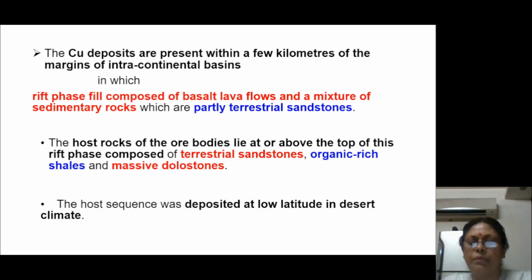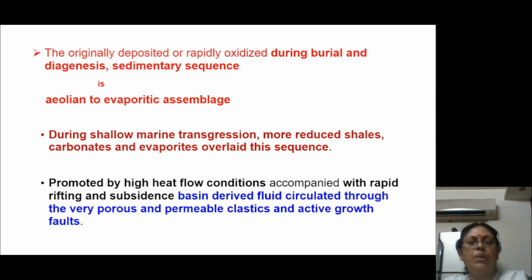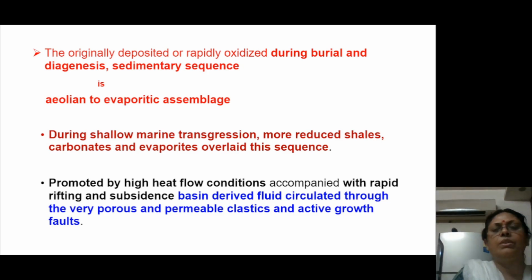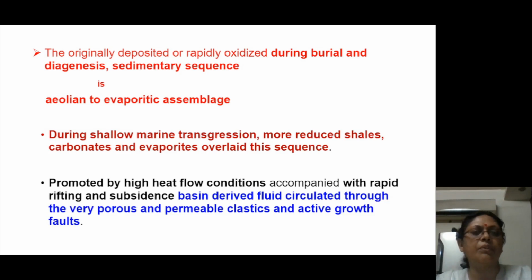That is the climate in which copper can be abstracted more easily, and wherever the reducing condition is encountered, deposition takes place. The originally deposited or rapidly oxidized deposits during burial and diagenesis sedimentary sequence is aeolian to evaporitic assemblage.